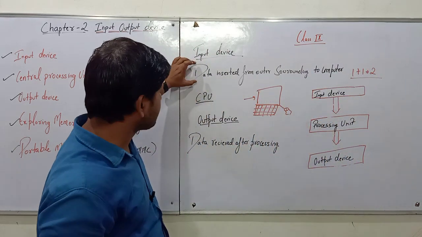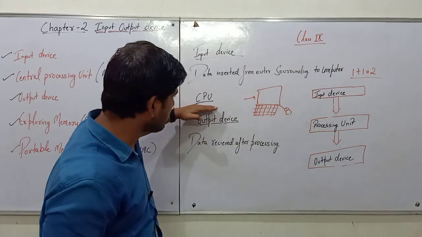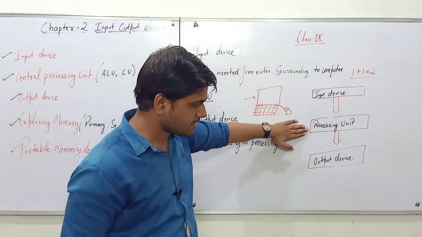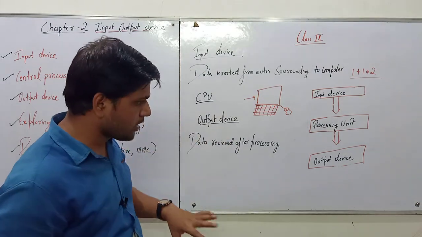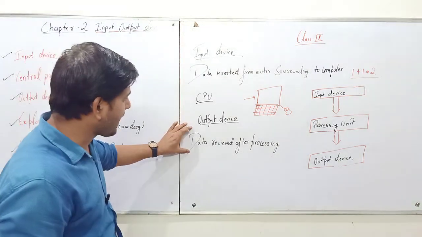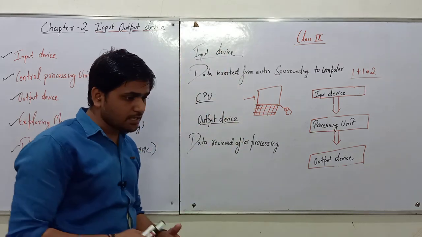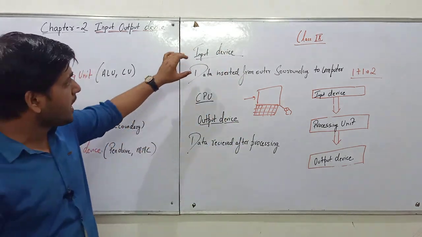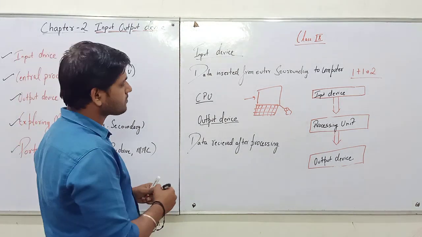So input device: data is inserted from the outer surroundings into the computer; the CPU processes it, which is the second step; and the third step is the output device. Whatever processing is done by the computer will be given out in the form of output.